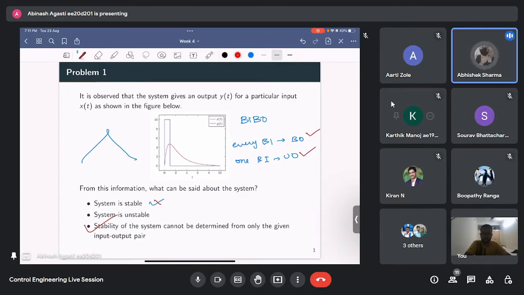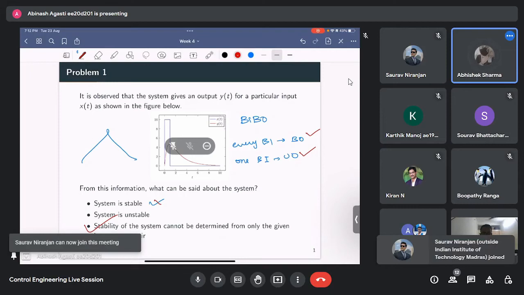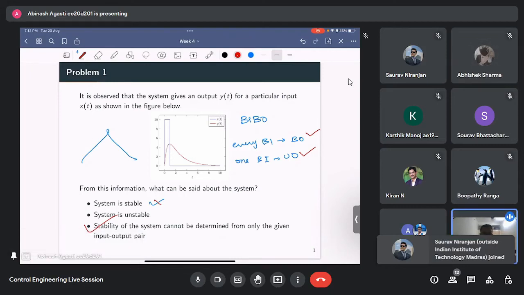Yes, sir. If output is bounded for any input, then we say system is stable. Correct. If output is bounded for any given input, yes, if such a system exists.